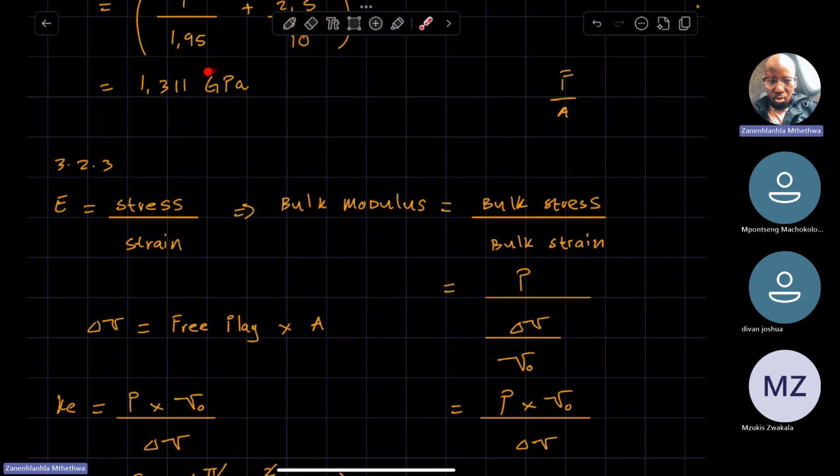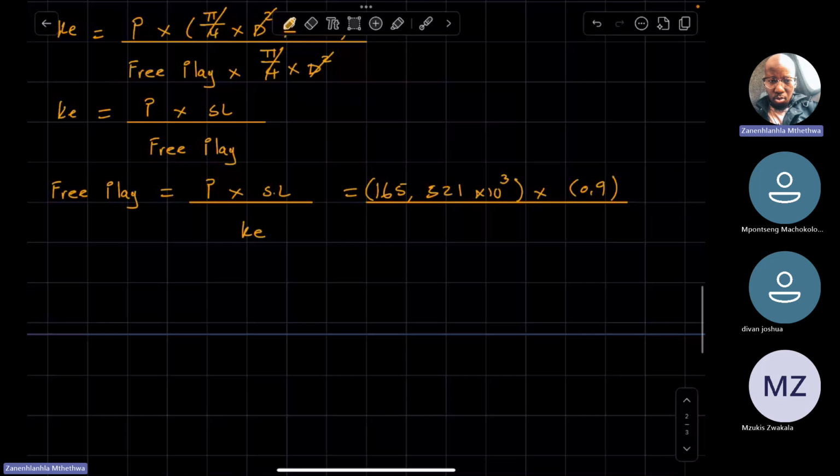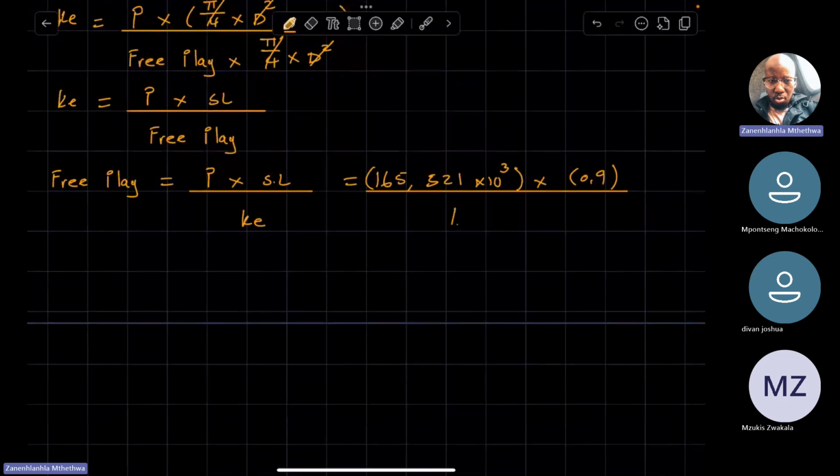Also, we now have to convert this gigapascals to pascals. So this is 1,311, and gigapascals is times 10 to the 9.